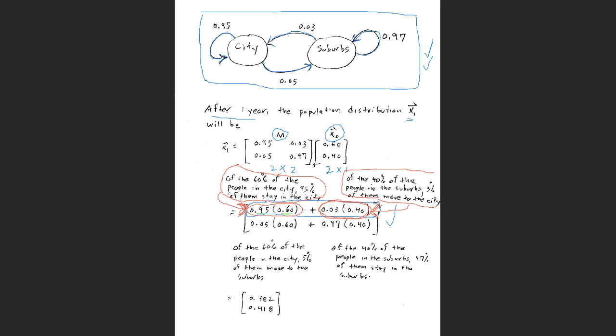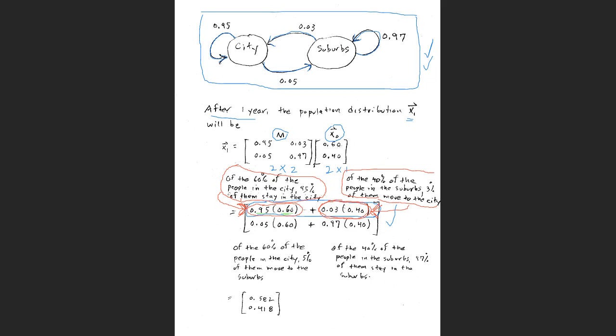0.03 times 0.40. So you see the top number of the 2-by-1 vector is going to tell you, after a year, what percent of people live in the city. There are two ways that people will live in the city.